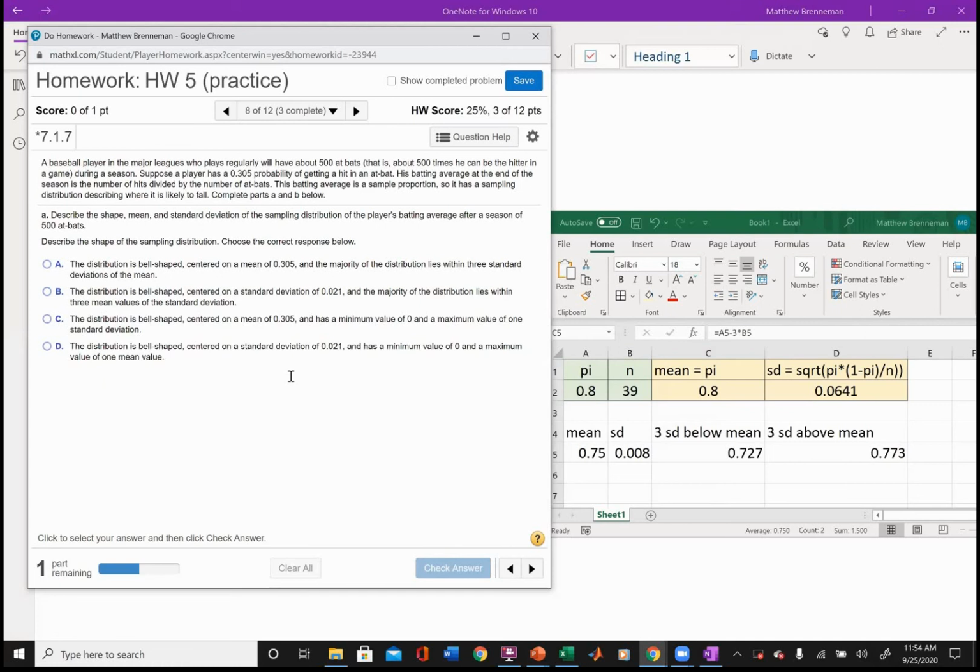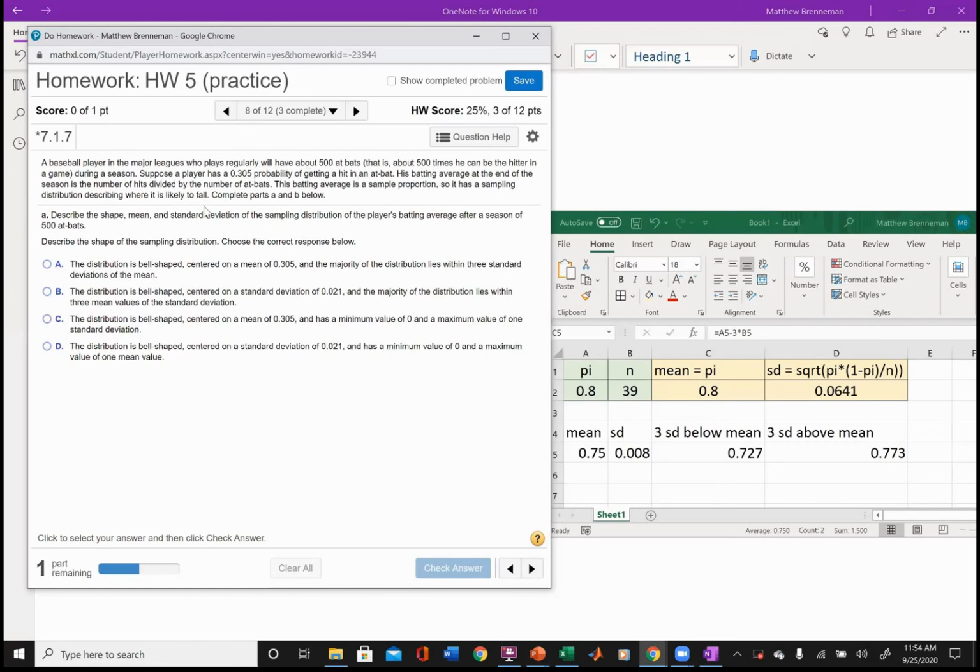Okay, a baseball player in the major leagues, he usually has 500 times at bat in a season, and suppose he's a .305 hitter. Okay, so if you were an omniscient being, God, okay, this is pi. This is what he actually would hit. His batting average is a sample because it's a sample of all the at-bats he could have had, okay?